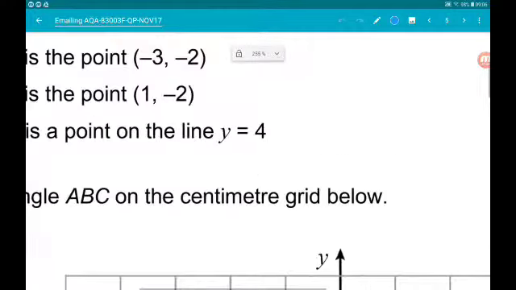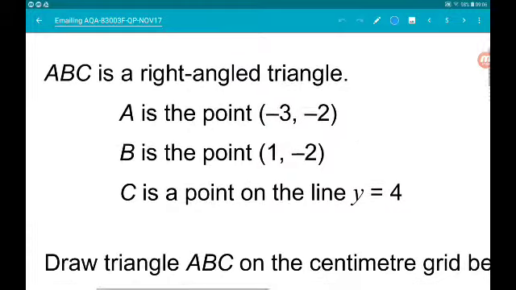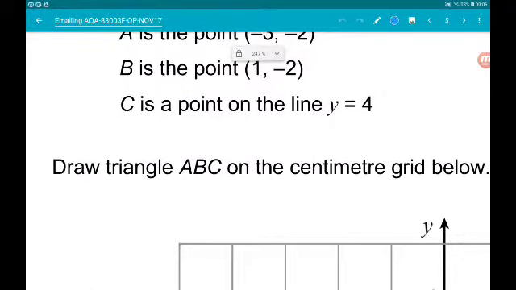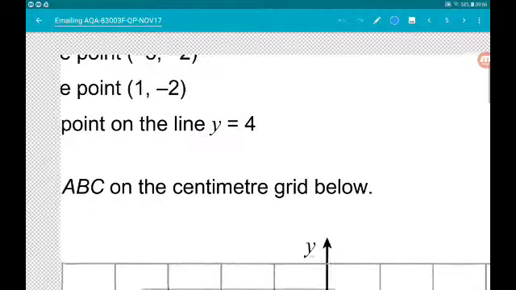Question 7. ABC is a right-angled triangle. A is the point (-3, -2), B is the point (1, -2), C is a point on the line y equals 4. Draw triangle ABC on the centimetre grid below.